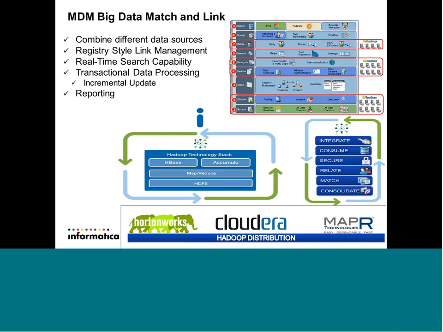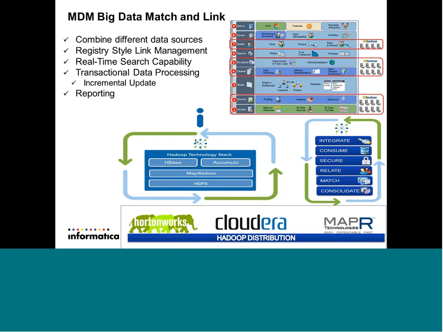What we've done is we've actually introduced an indexing and search agent that utilizes an indexer on the back end of that reduce process. So this is essentially an HBase or a Accumulo variant. We have either variant.